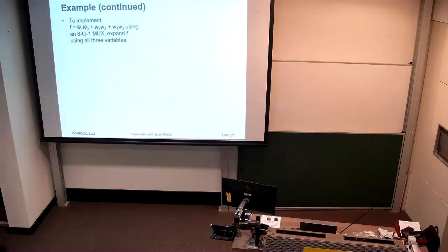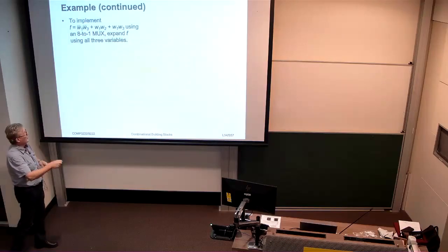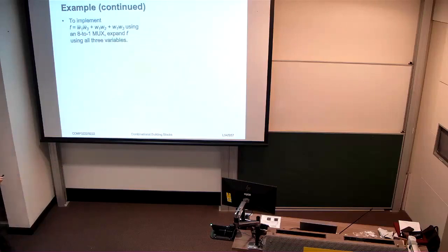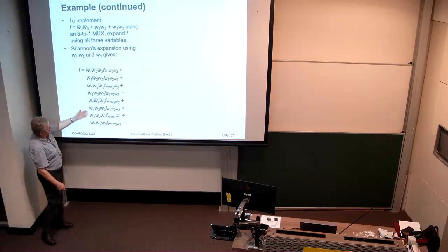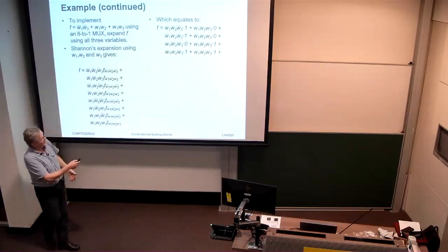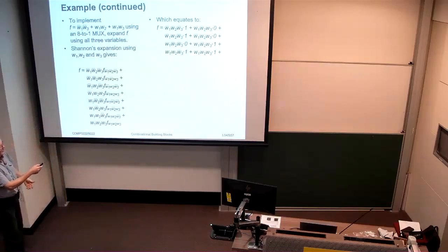And this guy has W1, not W2, W3, which is minterm 5, W1, W2, W3, which is minterm 7 again, right? So this is our expansion, and this is what it looks like. Minterm 0, minterm 2, minterm 5, 6, and 7, as we identified, are going to have the 1s with it.